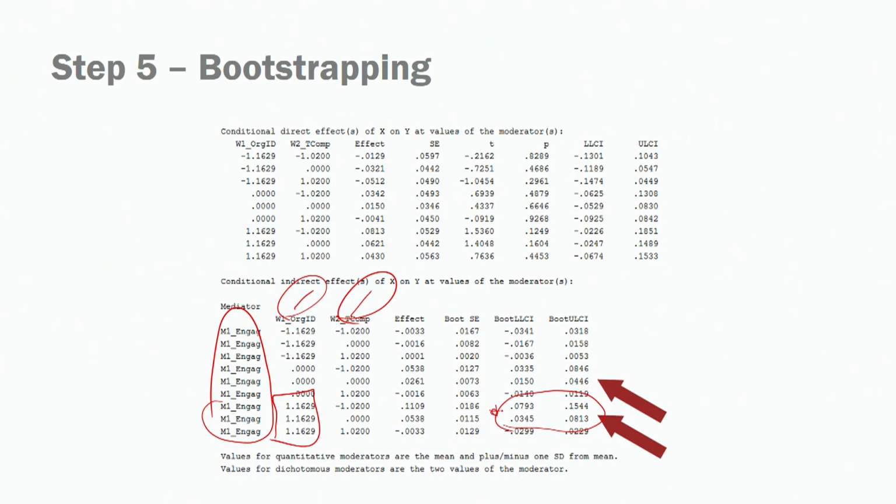There is no zero in the confidence interval. For those individuals who are low on organization identification, we don't have a significant indirect effect, because regardless of the level of task complexity, zero is in the confidence interval of our bootstrap analysis.